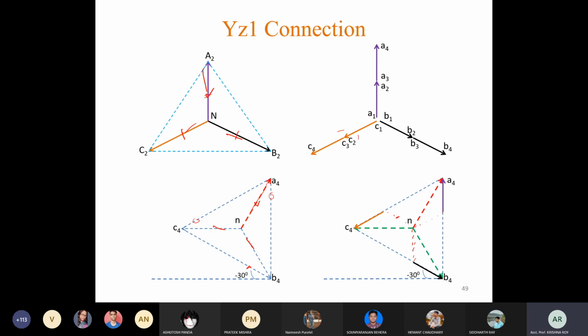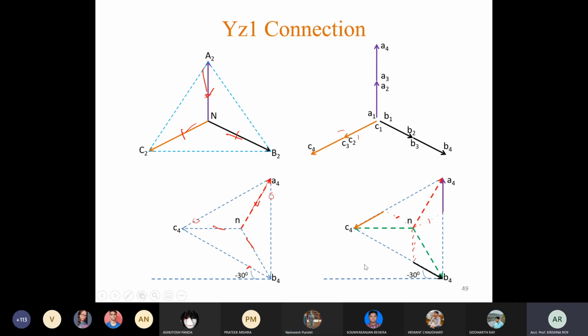Which one is this one? Sir, negative of B1, B2. Yes, that means negative B2 B1, polarity changed. We have to reverse the connection, and this one C2 C1, and this one A2 A1.